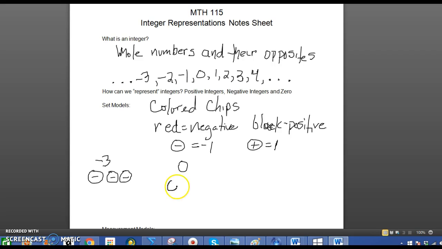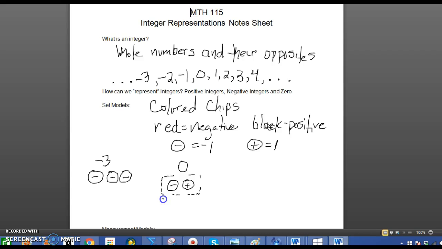So one way that I can represent 0 is I can put one negative chip and one positive chip. And these pairs of one positive and one negative are always going to neutralize each other, some people like to say, and make each other 0.